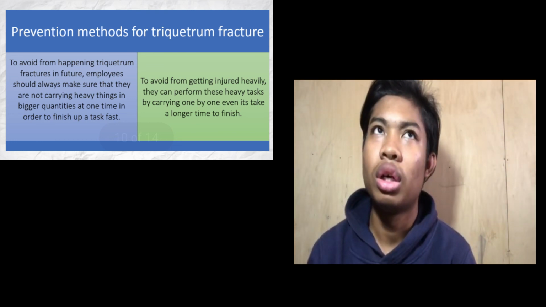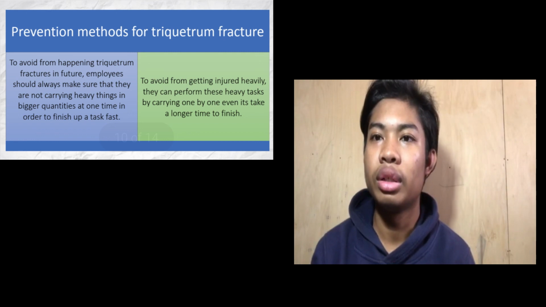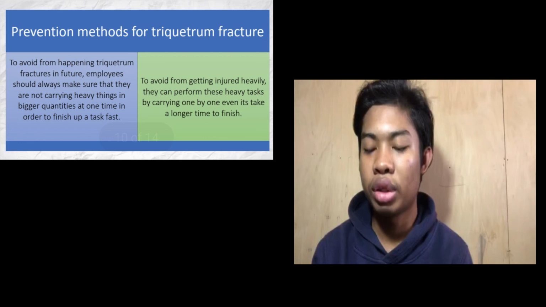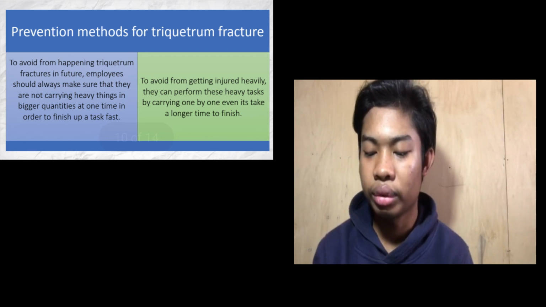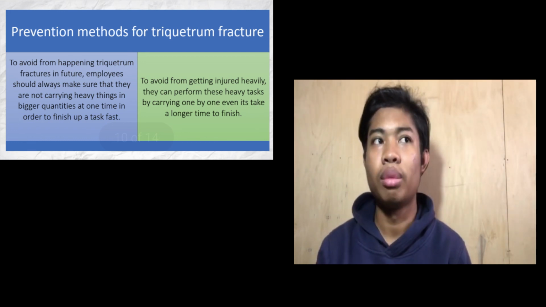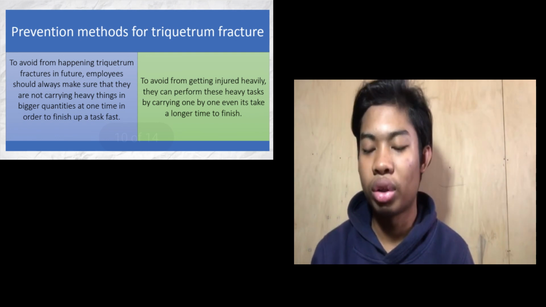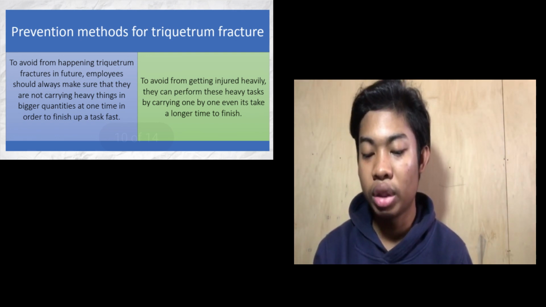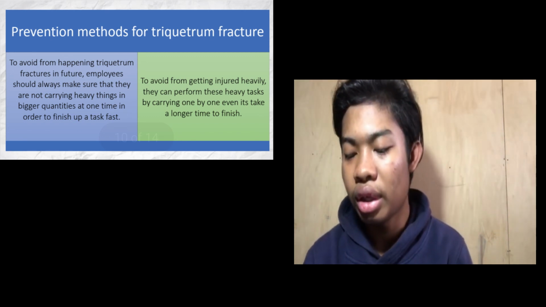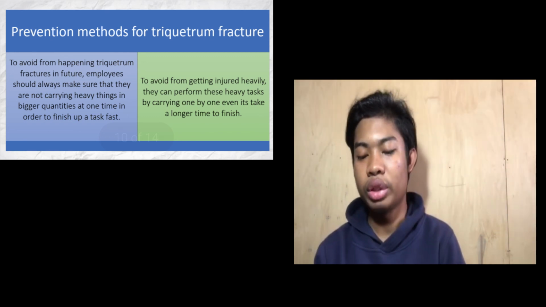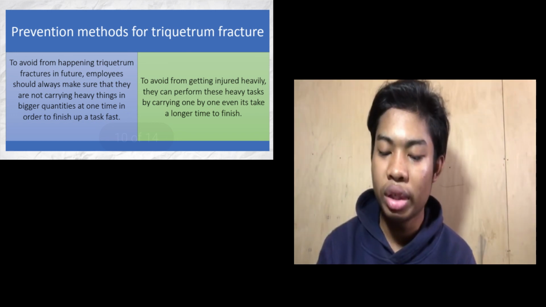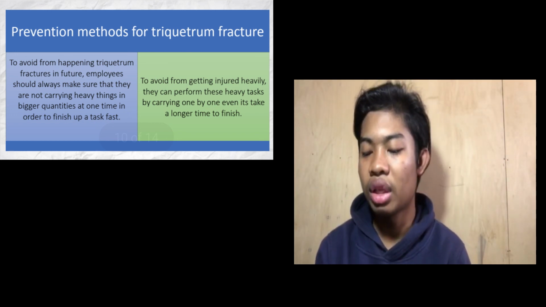Employees can take smaller quantities because their body is not strong enough to take bigger quantities. They should always keep in mind that safety comes first while handling heavy tasks in the office.